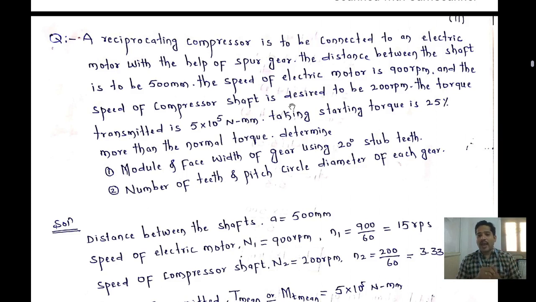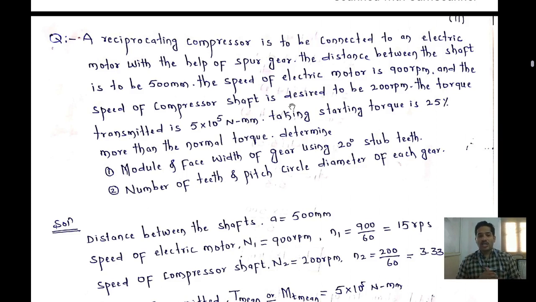The speed of the electric motor is represented by N1 equal to 900 rpm. The speed of the compressor shaft is desired to be 200 rpm, given as N2 equal to 200 rpm.